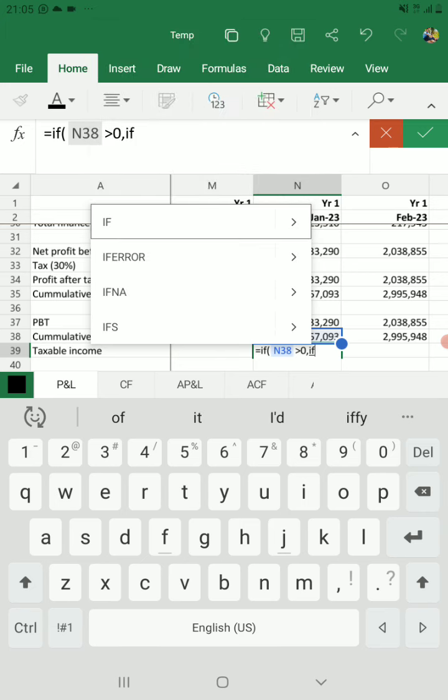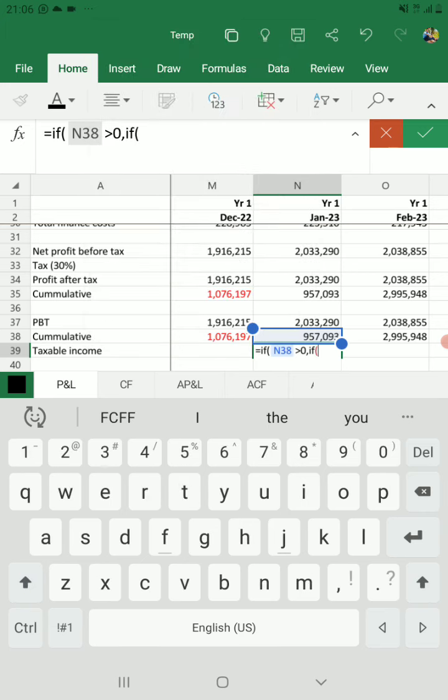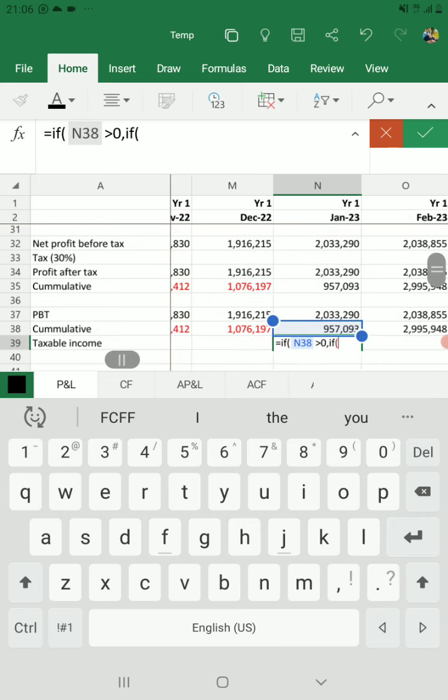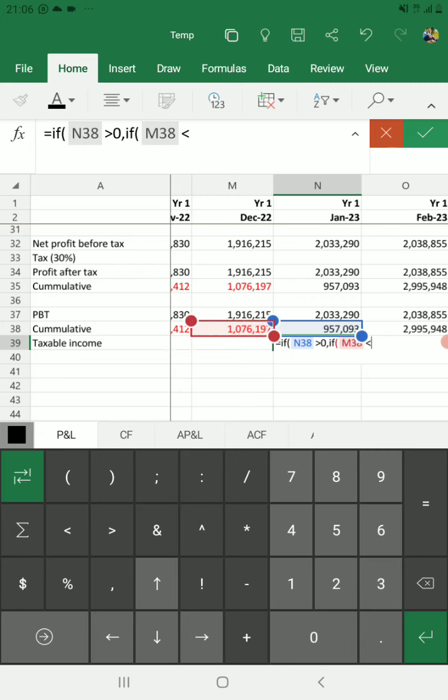IF, open the bracket, this previous figure here is less than 0, then the taxable income will be this cumulative figure here.